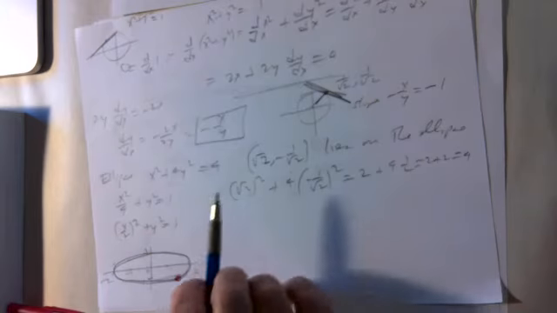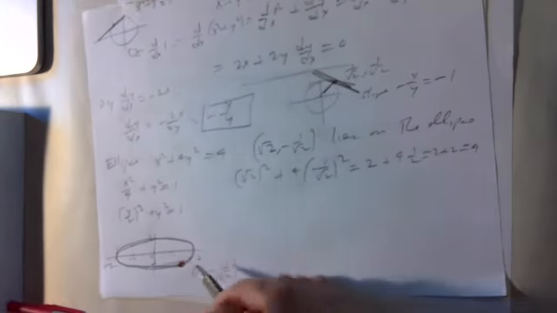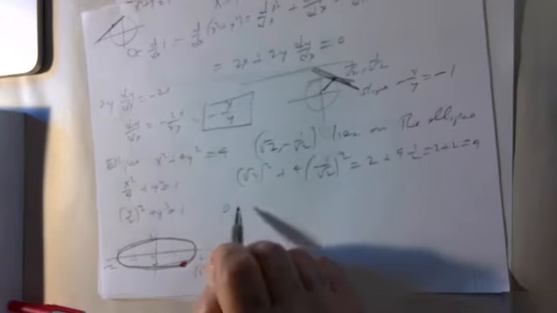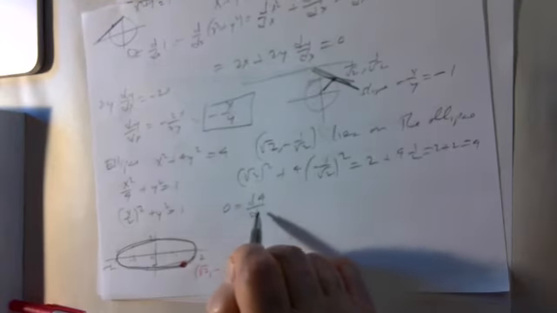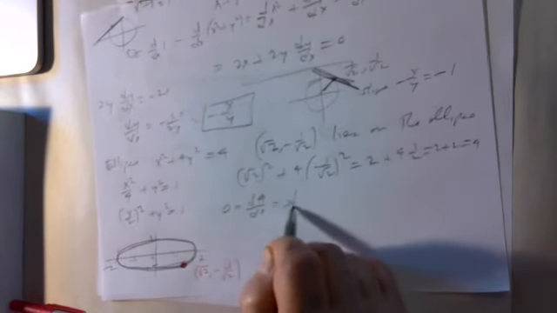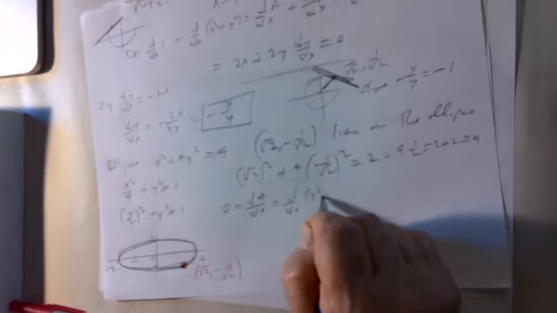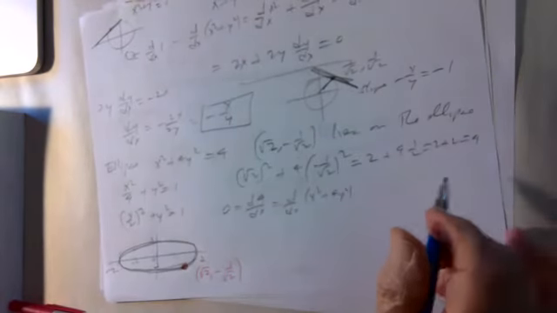And how do we find the slope of the tangent line at this point? By implicit differentiation, 0, which is the derivative of a constant function 4, is the derivative with respect to x of x squared plus 4y squared.